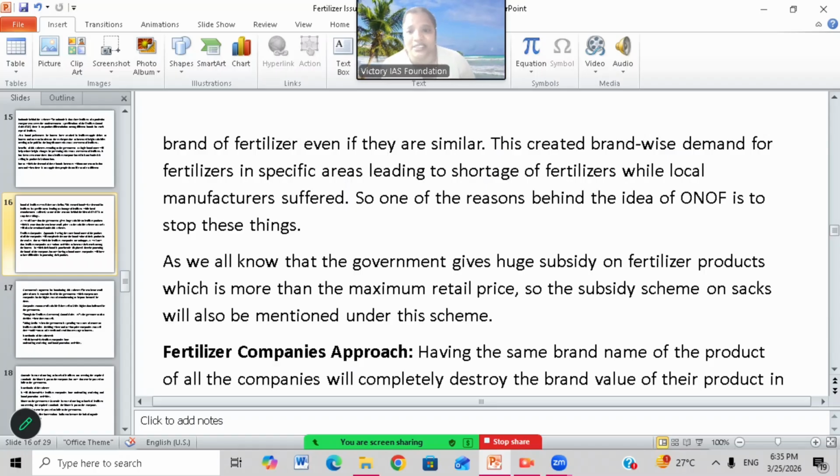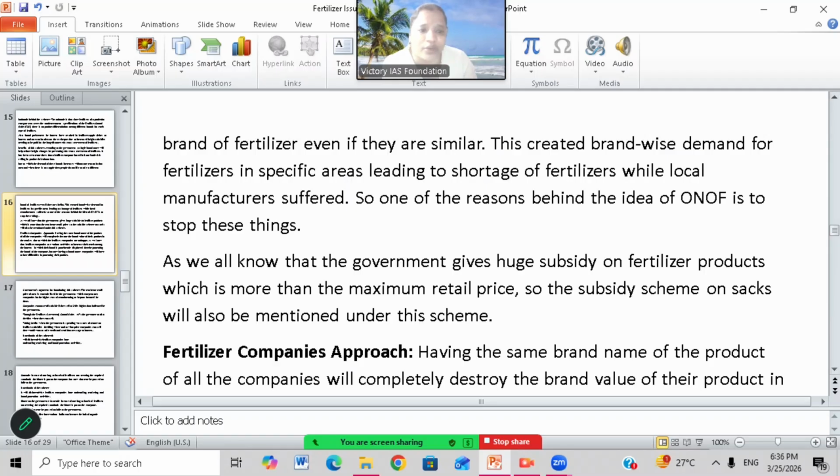So this created brand-wise demand for fertilizers in specific areas, leading to shortage of fertilizers, while local manufacturers suffered. One particular brand is having so much demand, other brands are not having any demand. So other brands are getting losses. The only famous brand is getting the profit. And in case of shortages, the farmer has to wait for that particular brand only.